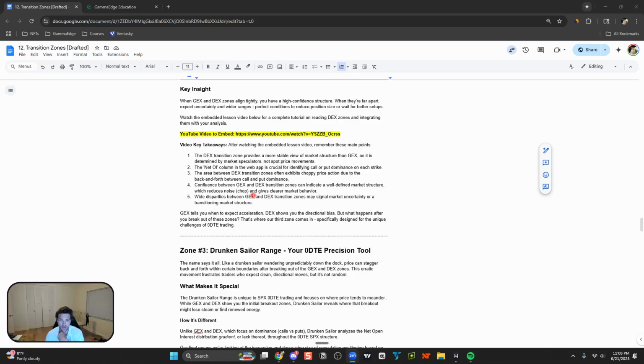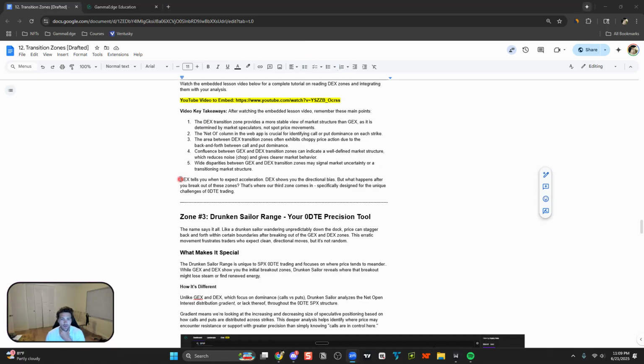Confluence between the two zones is a signal of well-defined market structure, which reduces choppy price action and gives clearer market behavior. And then wider zones and greater distances between the GEX and DEX transition zones signal market uncertainty.